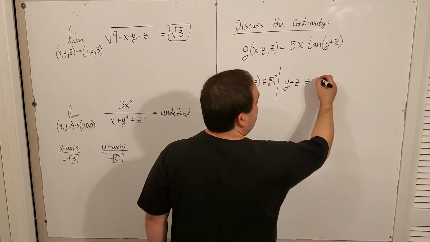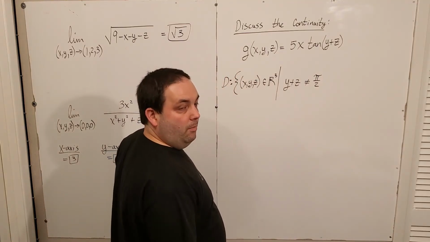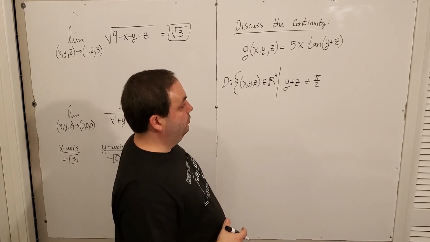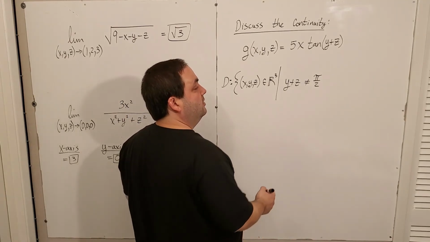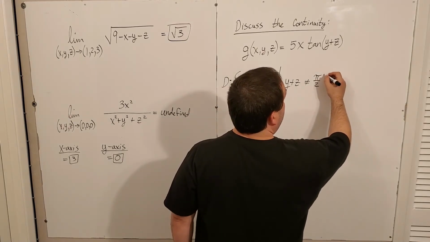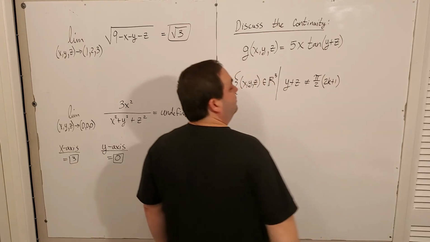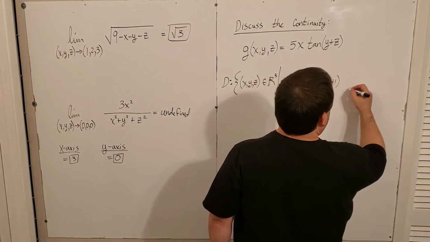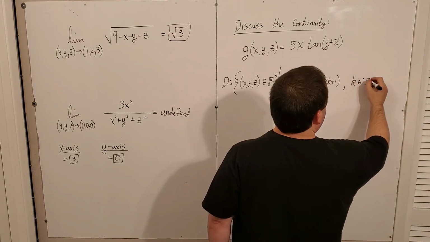And remember, where that starts is pi over 2, but then it's odd multiples of pi over 2. So it could also be 3 pi over 2 or 5 pi over 2. So what we do to represent that is I multiply this times 2k plus 1. And then I say right next to this that k is any integer.